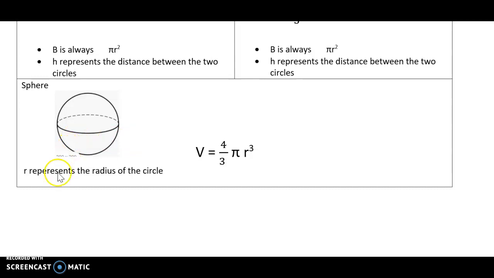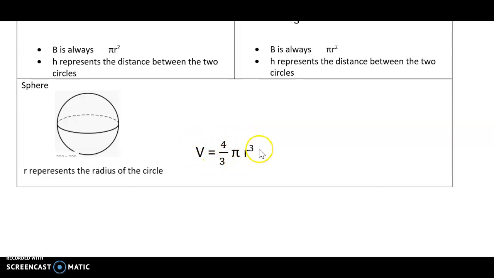Sphere. R represents the radius of the circle. There will be a circle. It's a slice right here or it could be here, but it is the circle within the sphere, and that's what you're going to look for. It can be a radius, which goes from the center to the side, or I can give a diameter and then you need to find the radius.